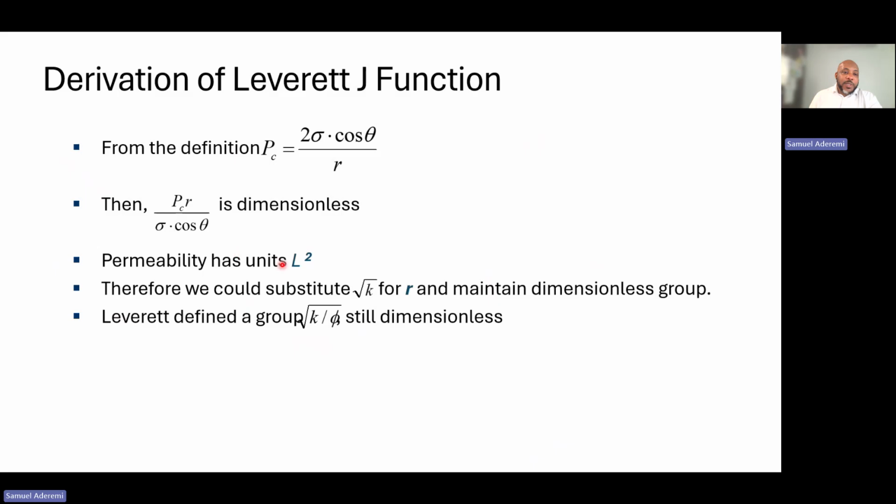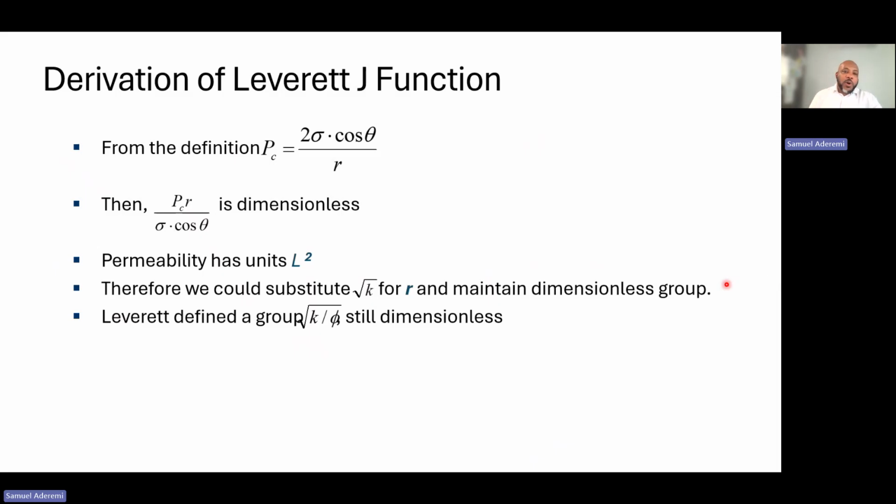Permeability has a unit of L squared. That means that if you take the square root of the permeability, its units will be similar to those of R. So we can substitute the square root of K, the permeability, for R and still maintain the dimensionless nature of the relationship. Even if you go further and divide by the porosity, it will not change the dimensionless nature of this expression.